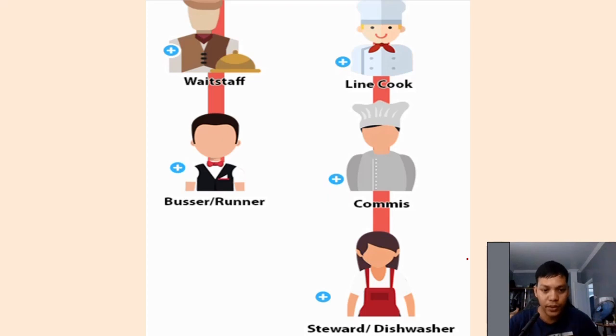So this is the duty of a steward or the dishwasher. They will clean the soiled dishes and utensils. They will make sure that all the waste from the food that is not eaten by the guest is disposed of in the proper location.